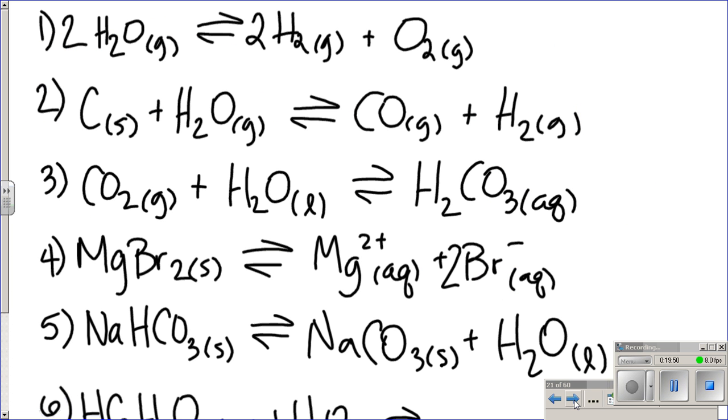Okay, you guys do those. It should take you no more than 3 minutes. Do the K expressions, the equilibrium expressions for those.